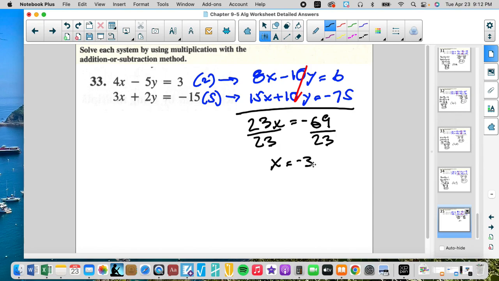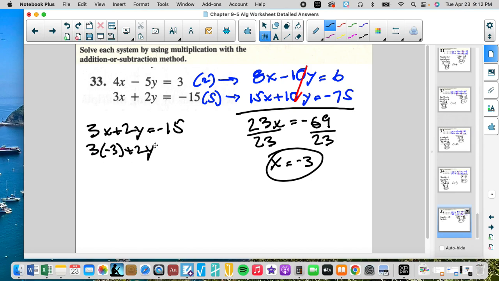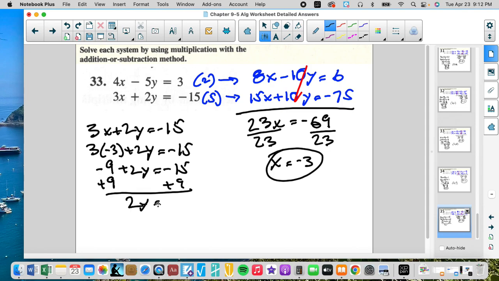X equals negative 3. 3x plus 2y equals negative 15. 3 times negative 3 plus 2y equals negative 15. Negative 9 plus 2y equals negative 15. Add 9. 2y equals negative 6. Divide by 2. Y equals negative 3. And only apropos we get that double 1.